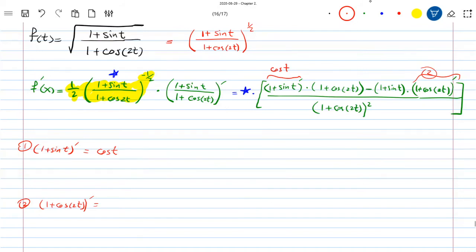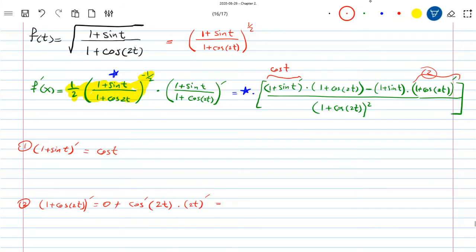So here, number 2 would be the derivative of 1 plus cosine 2t: the derivative of 1 is 0, plus the derivative of cosine 2t. You have to apply the chain rule. You have an inside function and an outside function. The derivative of cosine applied to 2t, multiplied by the derivative of 2t. This is the chain rule.